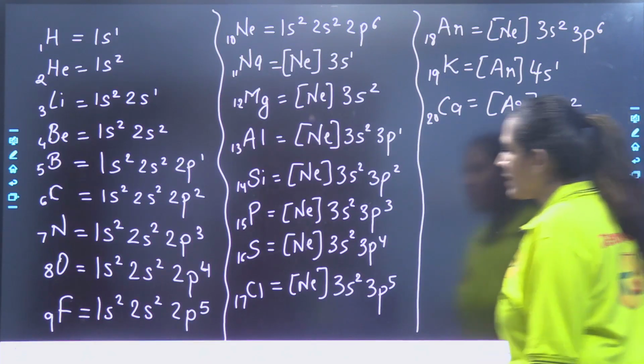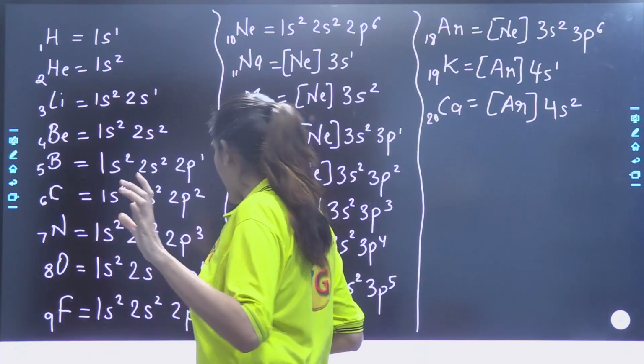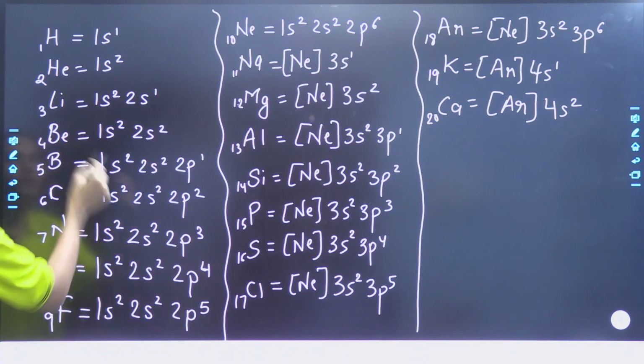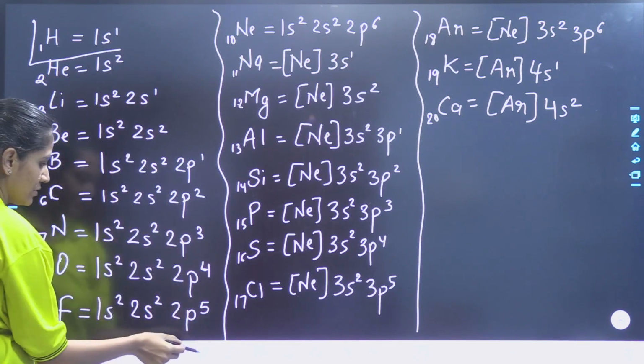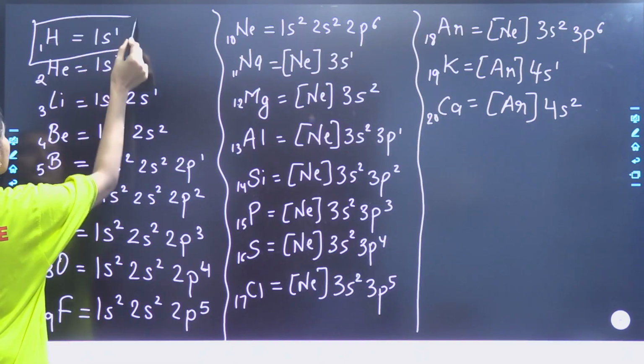Now see, what is our question? Our question is how many elements have just one unpaired electron. So see, hydrogen.